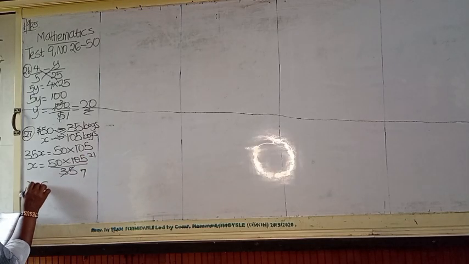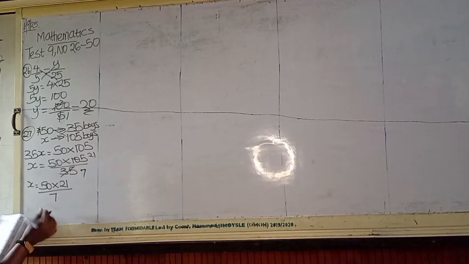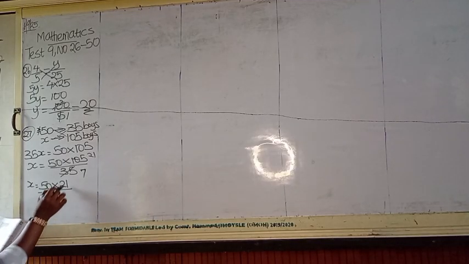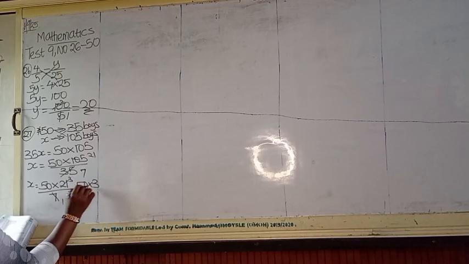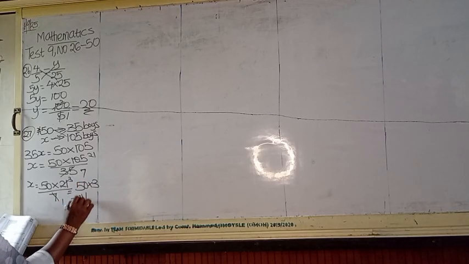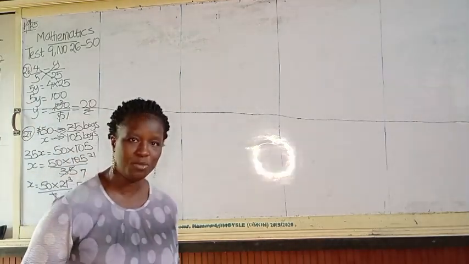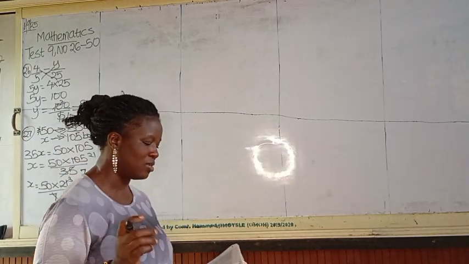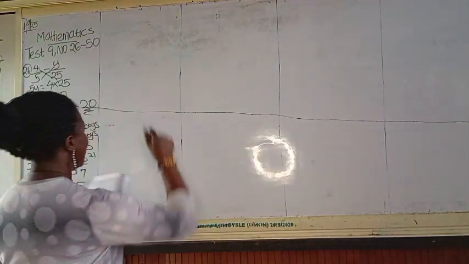So we are having 50 times 21 over 7. Something can still go. 7 here 1, 7 here 3. This means we are having 50 times 3, which is equal to 150 naira. So 150 naira will be used to feed 105 boys.